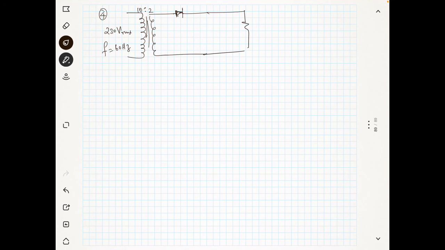Now you have a load resistance RL which is equal to 2 kilo ohm, okay. But you have one more thing, there is a capacitor C which is equal to 50 microfarad, okay. Now there are 4 parts in the question.